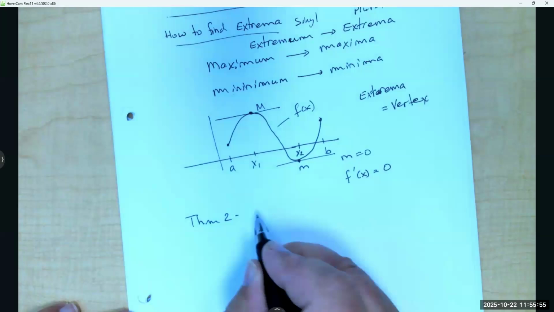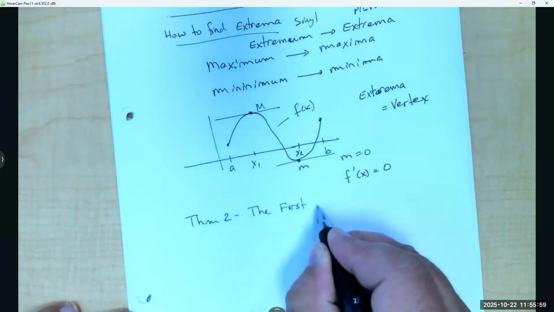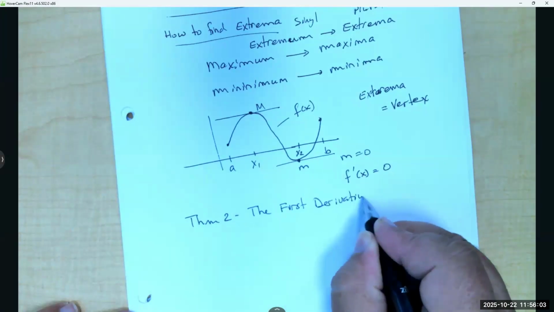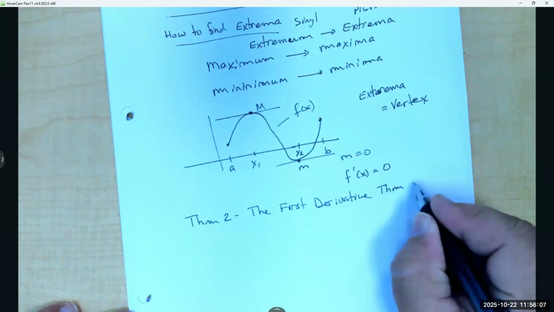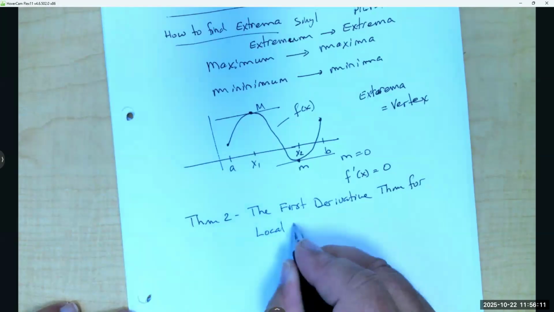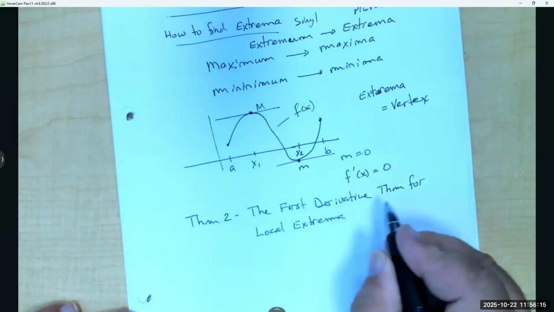Theorem 2. The first derivative theorem for local extrema values.